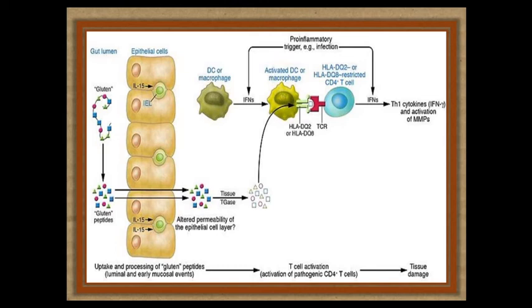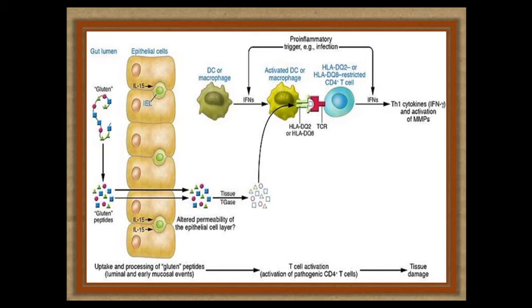So this will lead to further damage of the epithelial cells of the intestinal wall and more permeability for the gliadin, which is incompletely degraded. And this will lead to the manifestation of celiac disease.